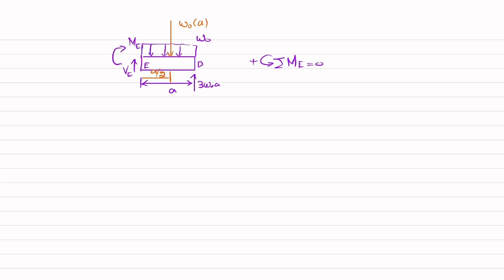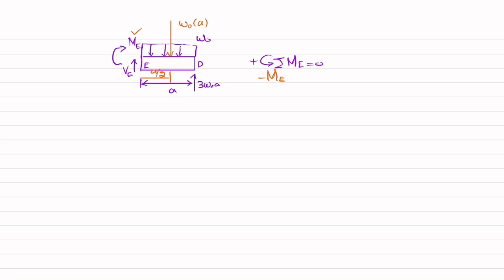So about point E, one moment is ME, which is clockwise. So I will write minus ME. The second moment is due to this load into perpendicular distance a by 2 and this is also clockwise, so it will also be negative.